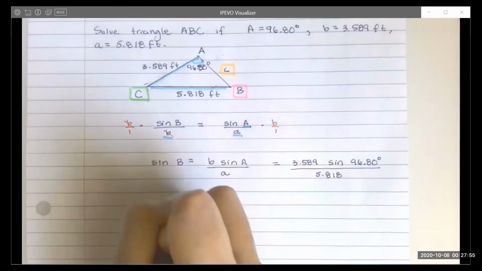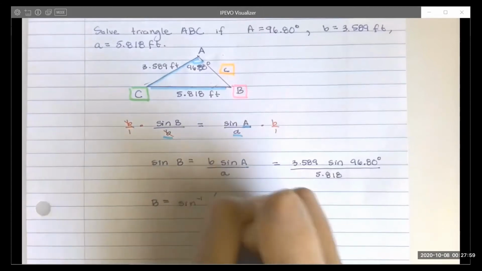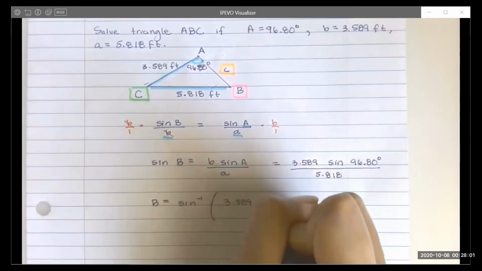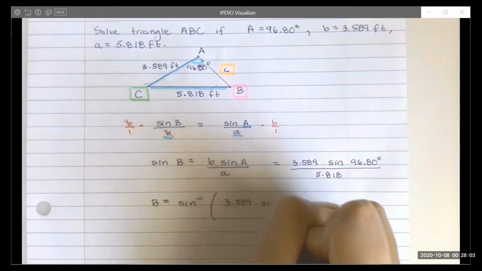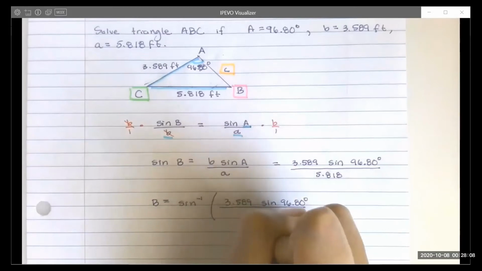So B is equal to sine inverse of 3.589 times sine of 96.80 divided by 5.818.